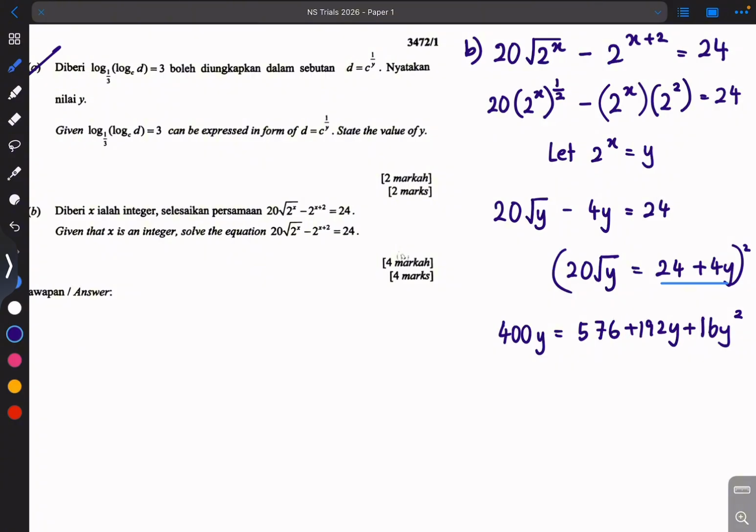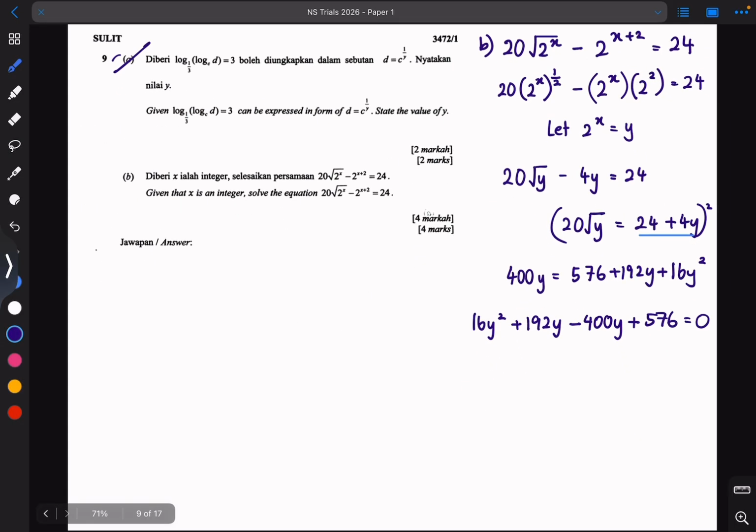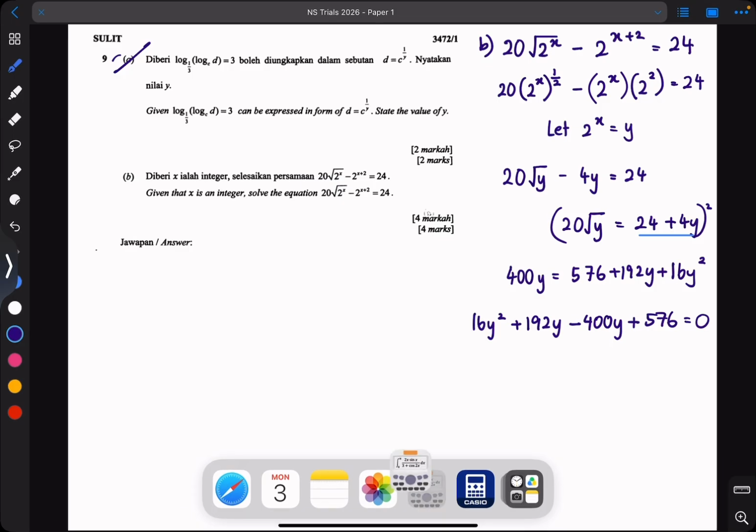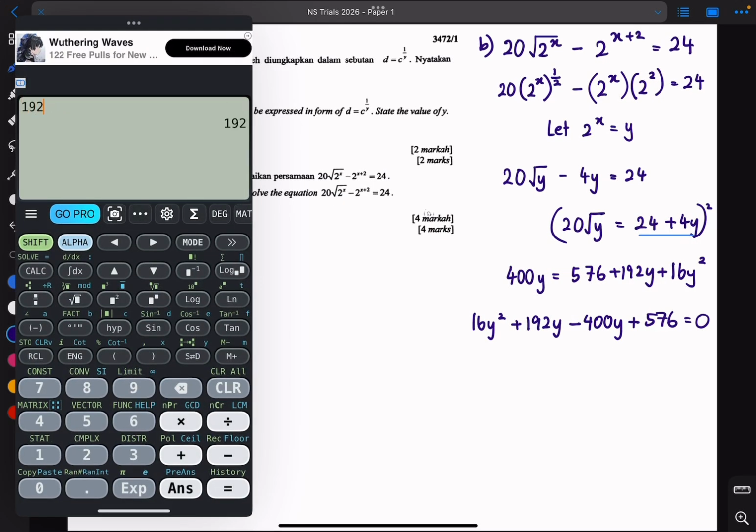So we have 16y squared plus 192y. Then the 400y, we bring it over that side. It will become minus 400y plus 576 equals 0. Okay, let's try to factorize this. First, we can simplify the 192y minus 400y. We get negative 208y.